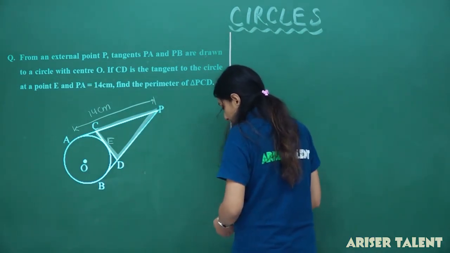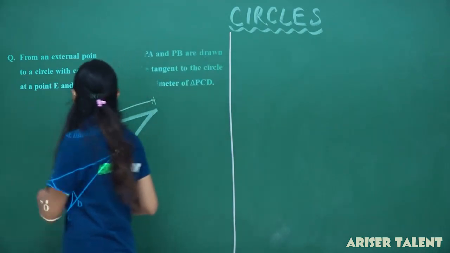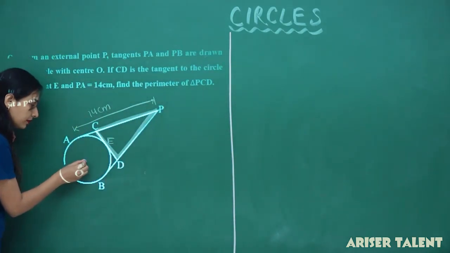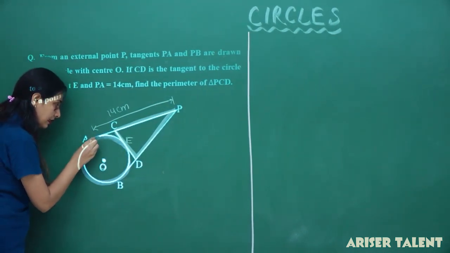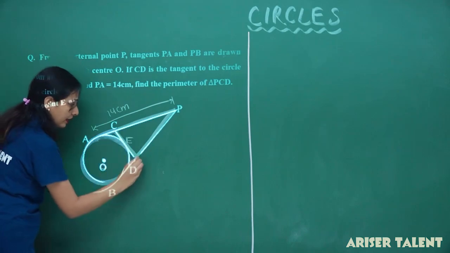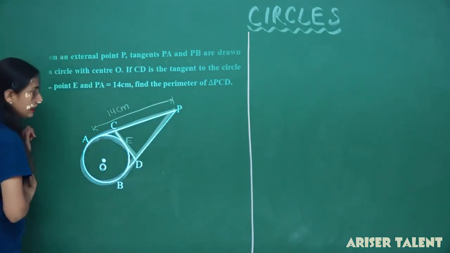Now, coming to the question, this is our center O, and this is our circle. These are tangents.